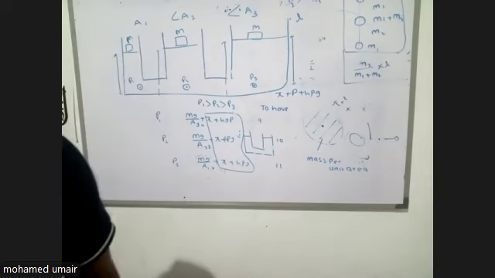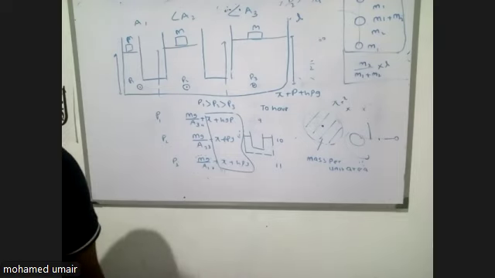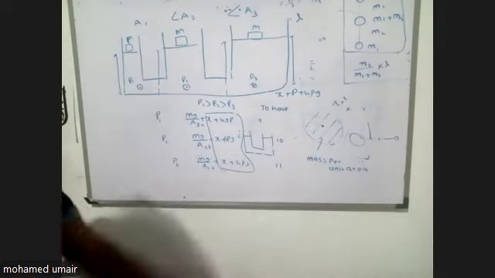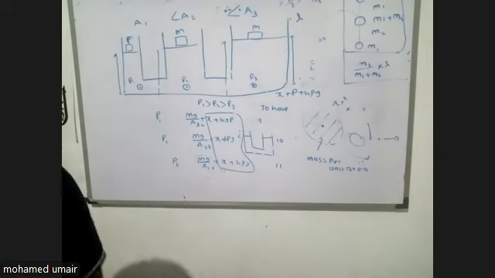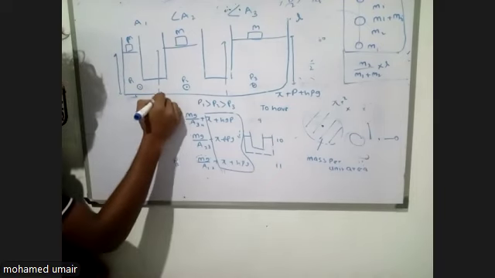So let's look at the answers. Among the two valves, when any of them is opened, there's no change in the heights. It's wrong, okay? Due to pressure difference, there will be a change. Among the two valves, this is A and this is B. When only A is open, P will rise up while block Q will move down.